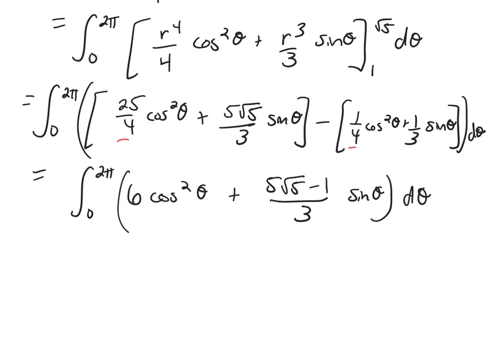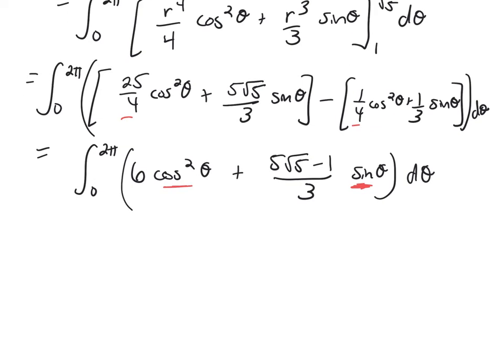You can integrate sine, but remember to integrate cosine squared because the power is even, you're going to have to use your double angle formulas. So this is 6 times 1/2 times 1 plus cosine of 2 theta.